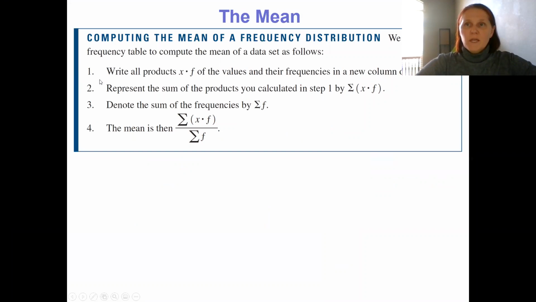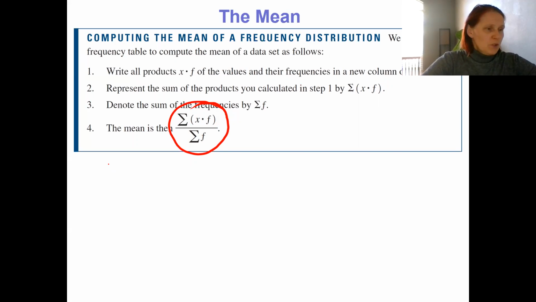And we can formulate the rule that we have already used in this example to find the mean of the set with a frequency distribution. We multiply each value of x by its frequency f, and then add.